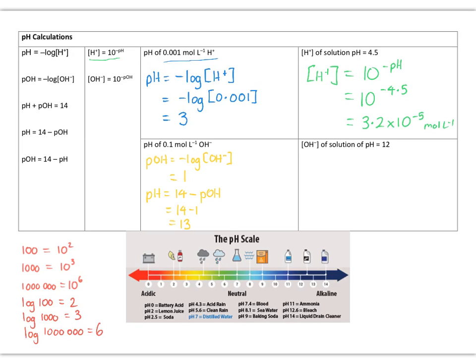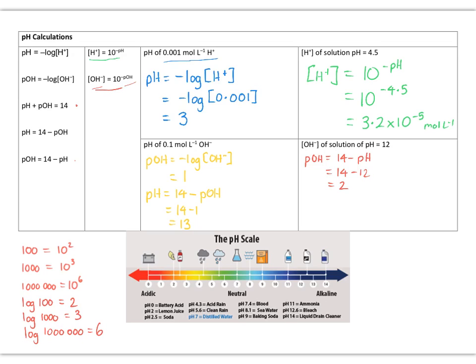And if we want to work out the hydroxide ion concentration of a pH 12 solution, we need the pOH. We know that pH plus pOH equals 14, therefore pOH equals 14 minus pH. So pOH equals 14 minus 12 equals 2.